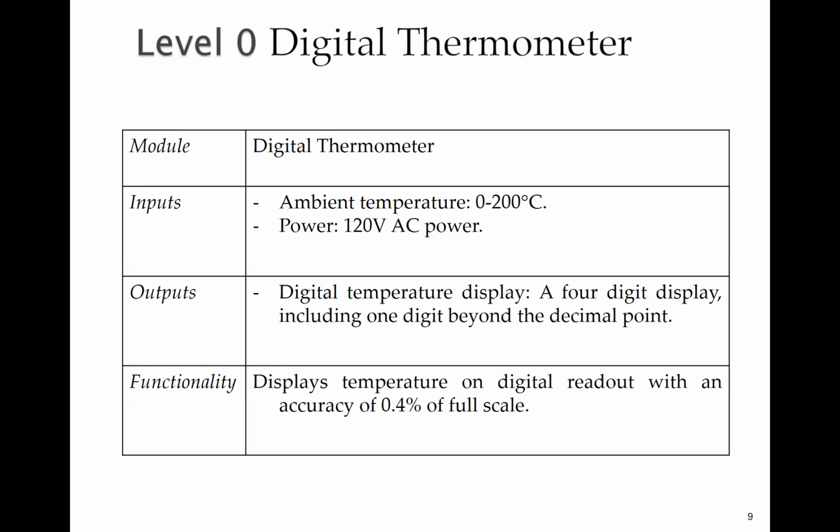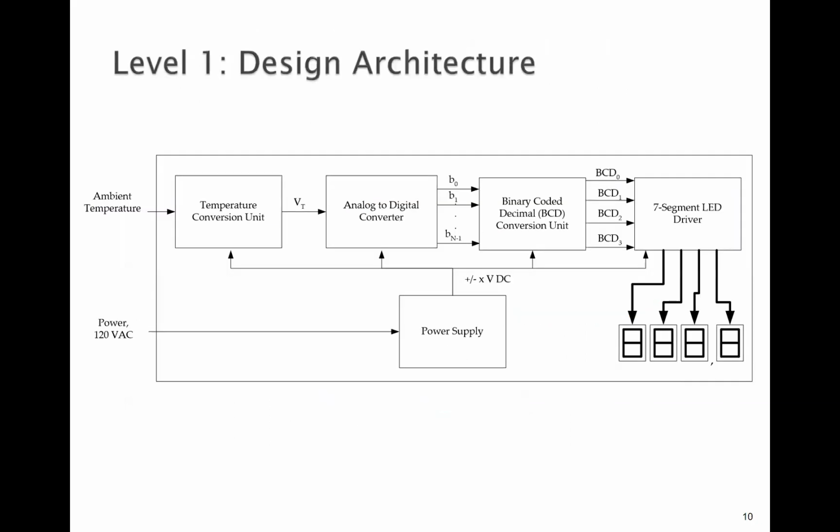So we start with this design, and then we have the design architecture. In order to develop a design architecture, of course, we have to collect information and look into the existing products, and then try to understand which methodologies or design architectures are used there.